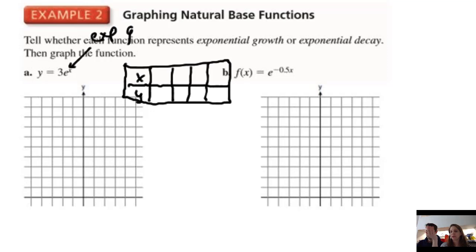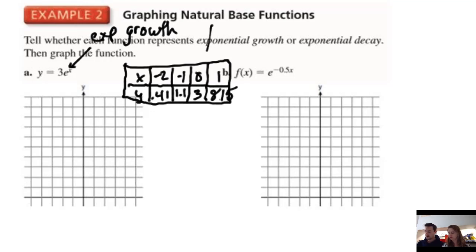Then you would put this in your calculator. We wanted to put the table in there so you could make sure you're graphing it right, where x of negative 2 is 0.41, x of negative 1 is 1.1, x of 0 is 3, x of 1 is 8.15.